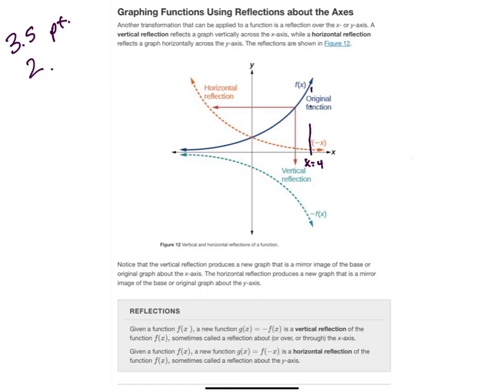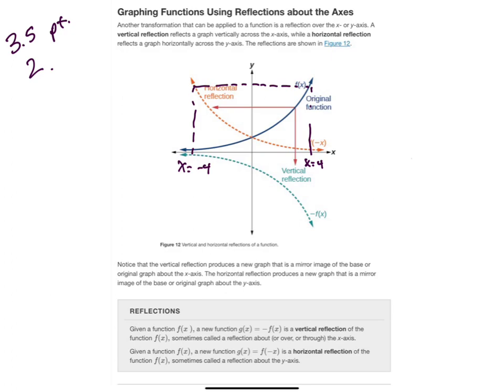Then I'm going to reflect that, and I should have the same y value at x equals negative 4. See how that's working? So as it goes across that y-axis, I should see a mirror on both sides. Yeah? Okay.